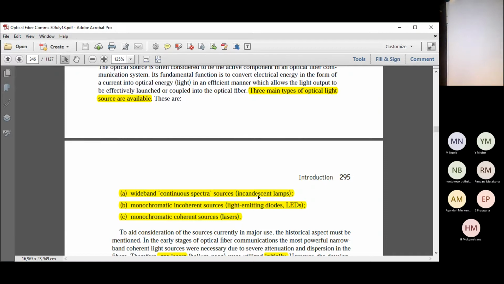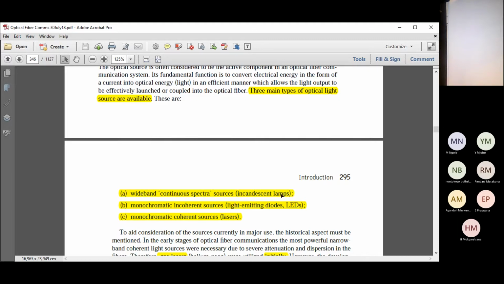But just imagine how little of that light will go into the fiber. The fiber is as thin as a hair, so less than 0.1% will go. So a normal incandescent lamp will not work well; it will sort of work, but very badly. It's wideband.